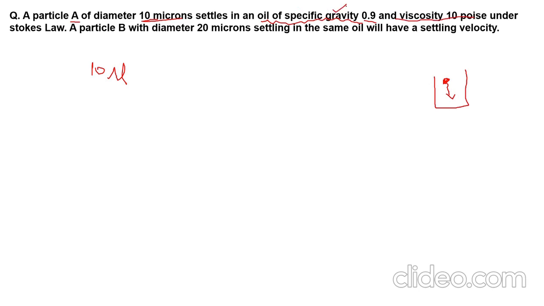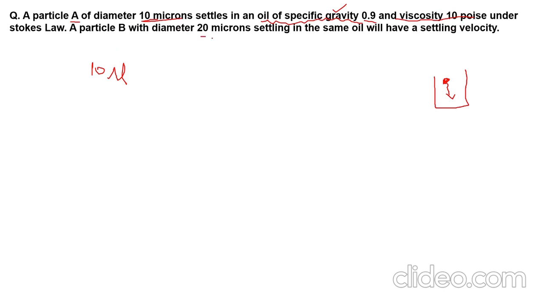As we discussed earlier, specific gravity is defined in context with water. If it is specific gravity, it will be relative to that of water, or specific density, it will be relative to what it is for water. So this is the viscosity and the properties of the oil under Stokes law.